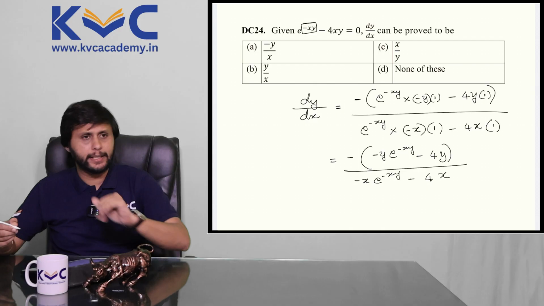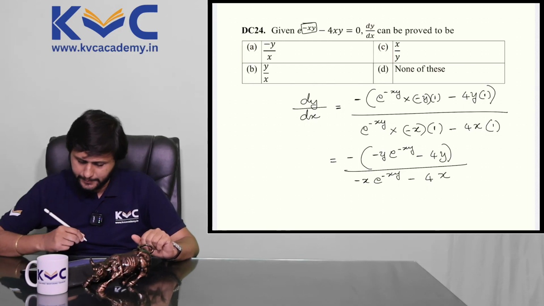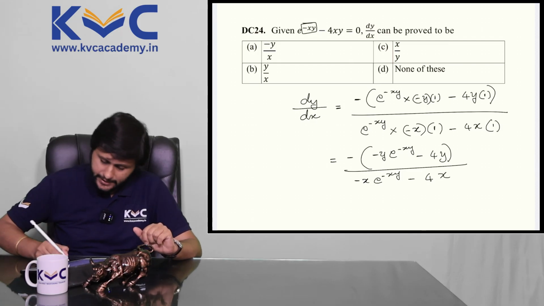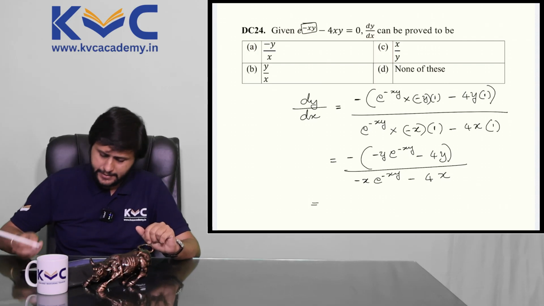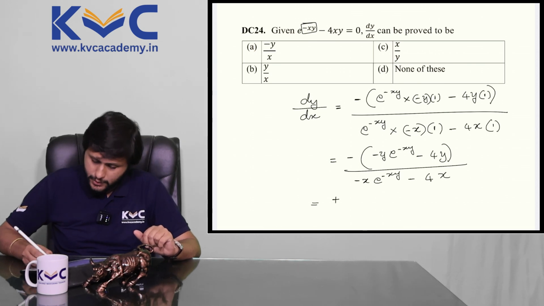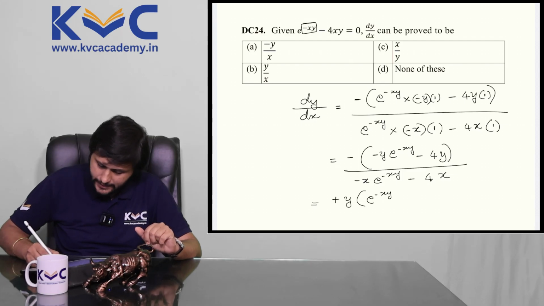As I see in the numerator, we have y common. We'll take it outside the bracket. And in the denominator, we have x common. We'll take it outside the bracket. Okay. In the numerator, shall we take even minus sign outside? Okay, we'll take minus sign outside, so it becomes plus. So we have y outside, minus is already taken, so we have e to the power minus xy.